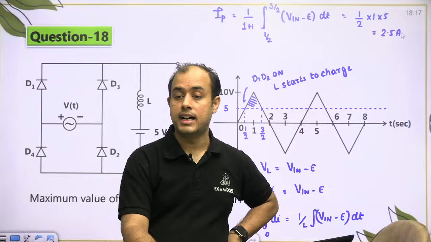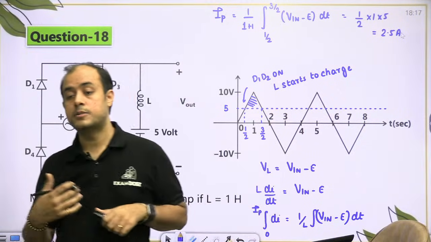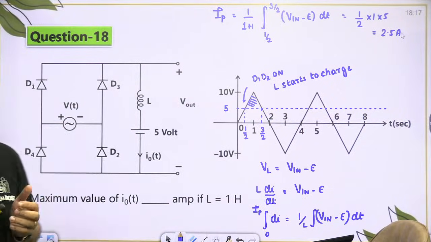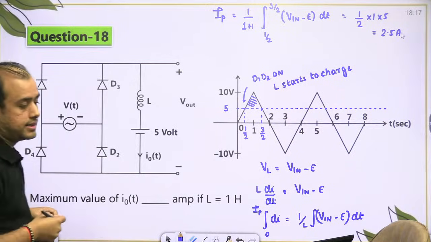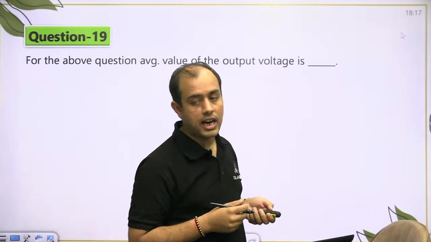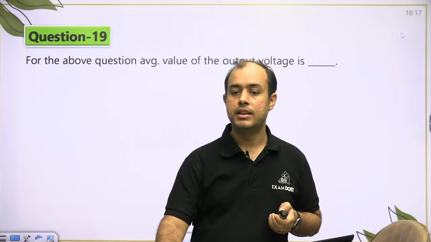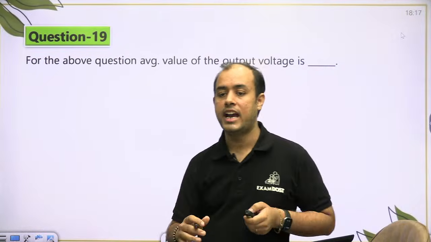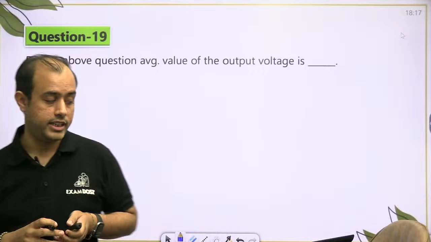Inductor only charges till the input is greater than E, inductor voltage greater than 0. Average output voltage, okay? You have to talk about the average output voltage.